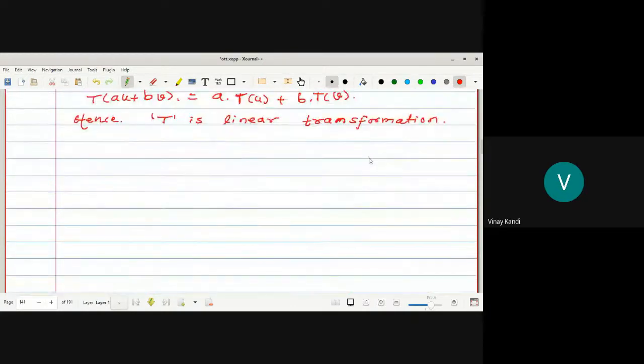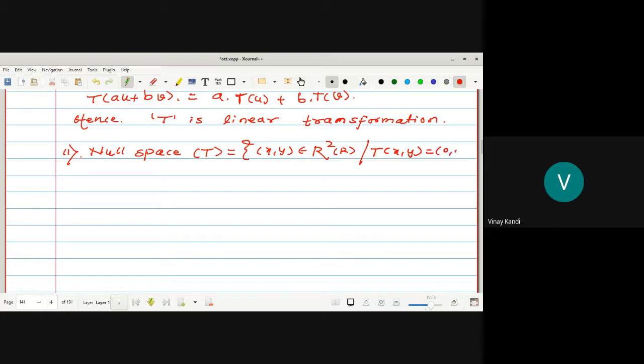Second one, null space of T. What is null space of T? By the definition, the null space of T is the collection of elements belonging to R2 over R such that if we apply T on that element, it becomes the zero element of the codomain, that is R2 over R. So here the zero of the codomain is what? 0, 0.